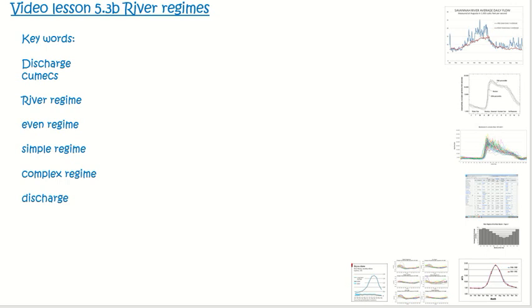A simple regime is where a river experiences seasonally high discharge followed by a low discharge. So your graph will have one big peak and then it'll decrease, or one drop and then one increase depending on the season.